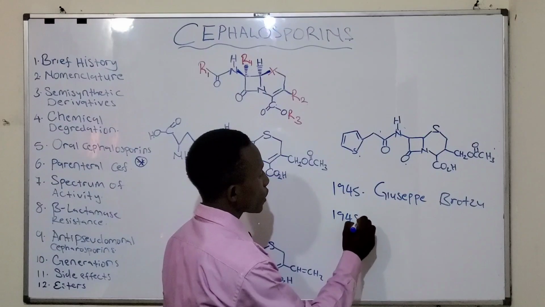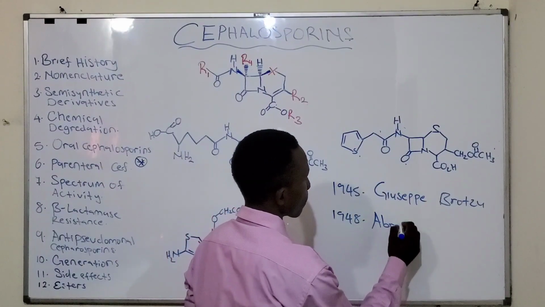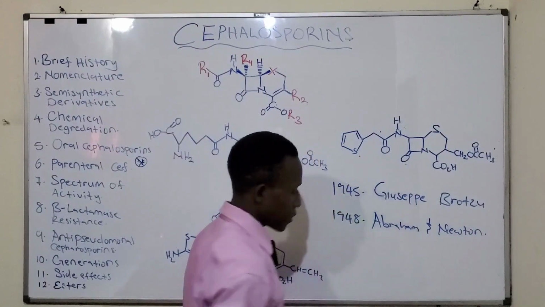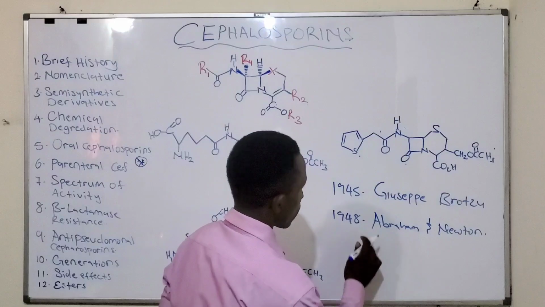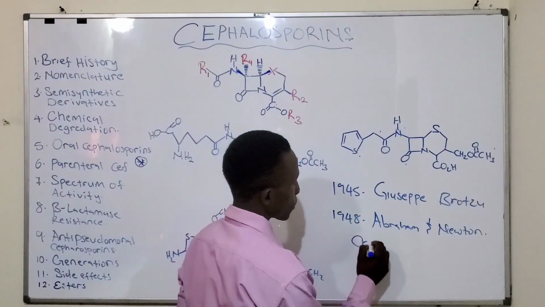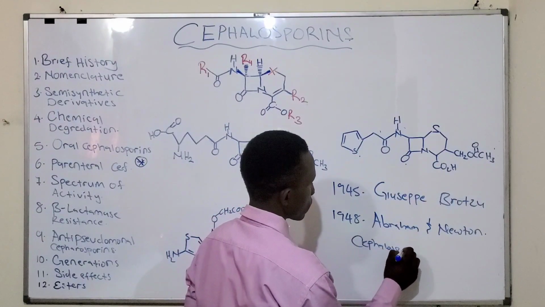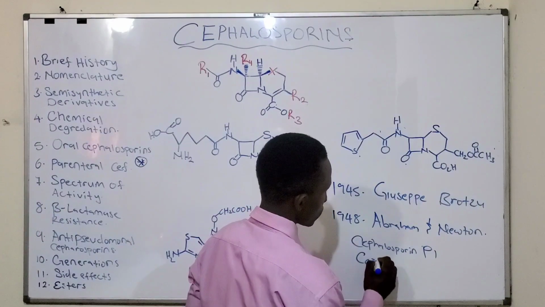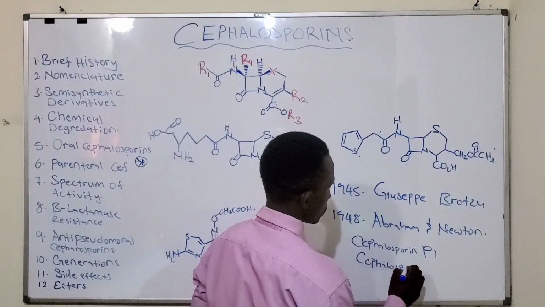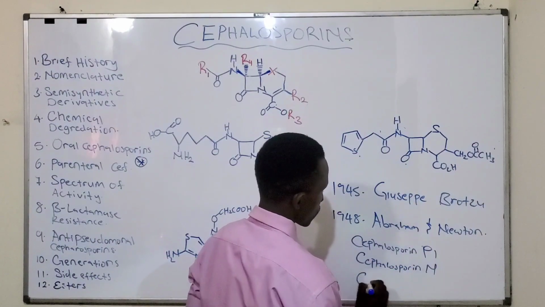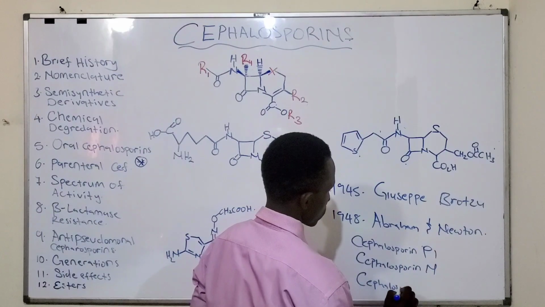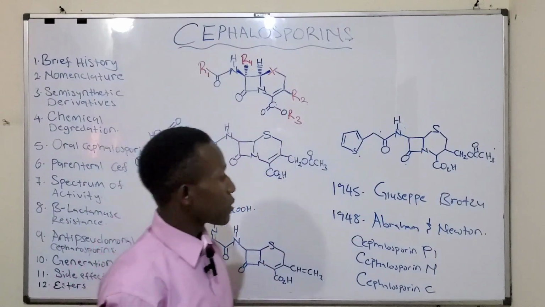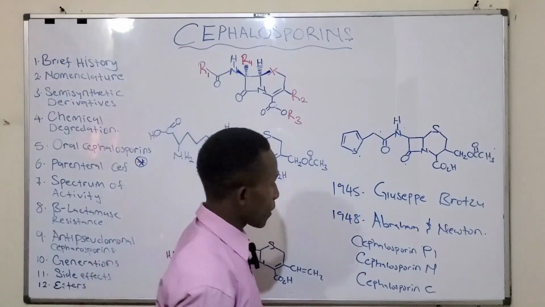Then in 1948, Abraham and Newton isolated three actives, that is cephalosporin P1, cephalosporin N, and cephalosporin C, from the fungus, which is Cephalosporium acremonium.